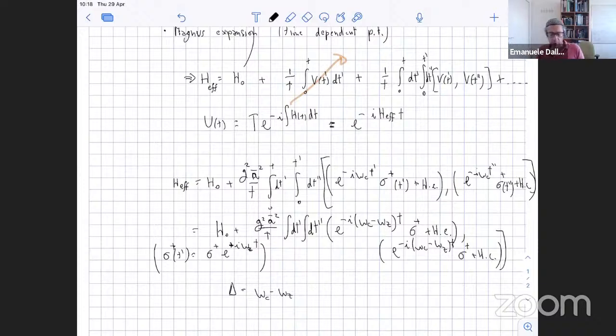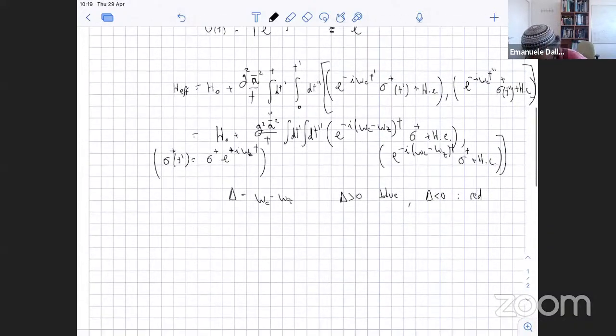We use the usual notation: if delta is positive, the cavity frequency is larger than the spin frequency, which is known as blue detuned. If delta is smaller than 0, the frequency of the cavity is smaller than omega z, and we call it red detuned. This is the usual notation from the spectrum of light.